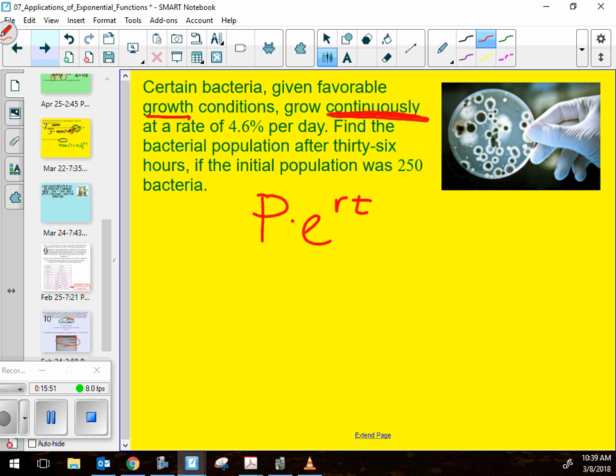Yes, the initial population was 250. 250 times e. Remember, you can just put e, just like you write pi normally, right? Could you replace it with 2.718? Yes. The calculator would be even more accurate if you use the calculator's button. And then r is the rate. Oh, it tells me the rate. Hint, you got to change this to 0.046. You cannot use 4.6. The answer would be way too big.